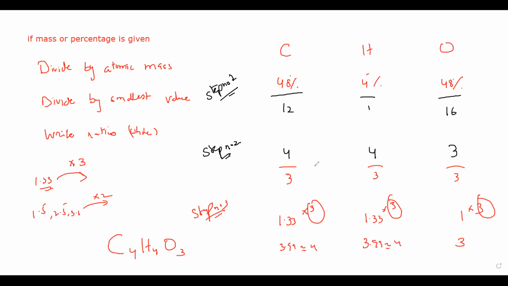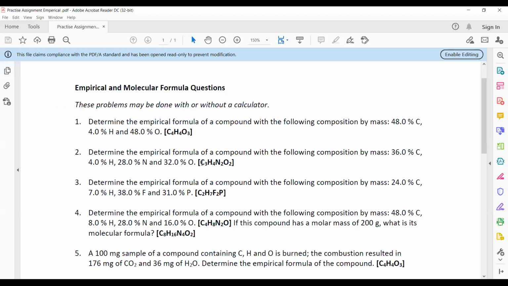We can multiply with any number, but that number should be small. We first check whether multiplying by 2 converts it into a whole number. Then I multiply by 3, then by 4. So we check according to the number which one converts it to a whole number. Is it clear to everyone, how to work out the empirical formula?